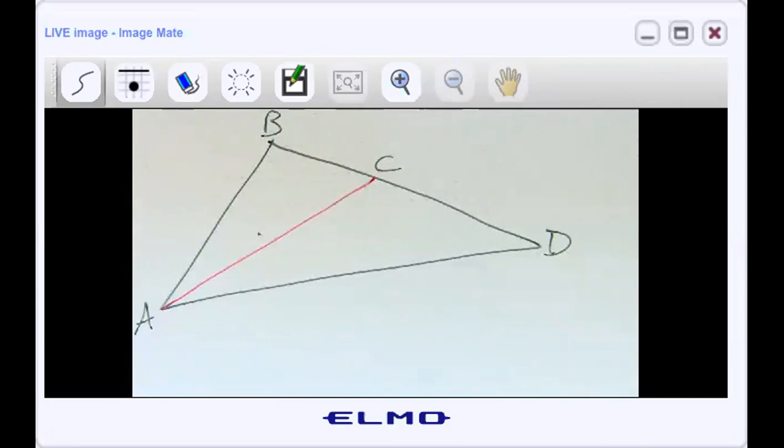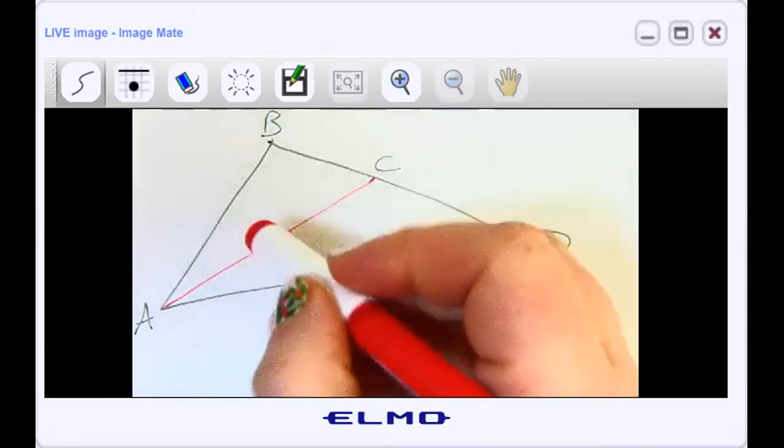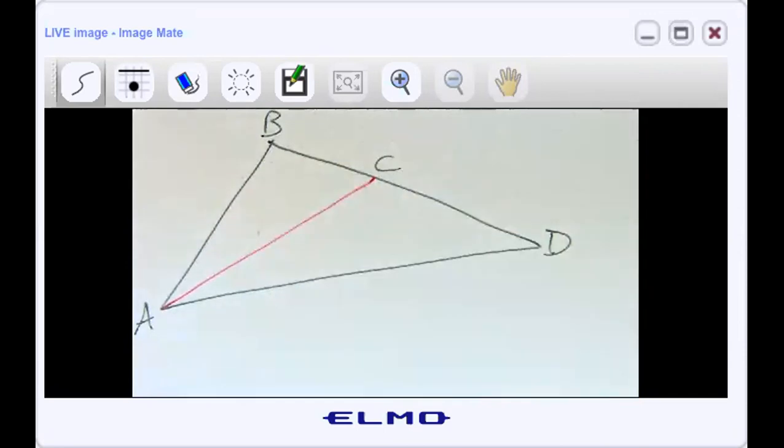You have no idea if it's a median or an altitude or a perpendicular bisector because there's no markings. So right now, AC is just some random line. There's nothing that we know about it.